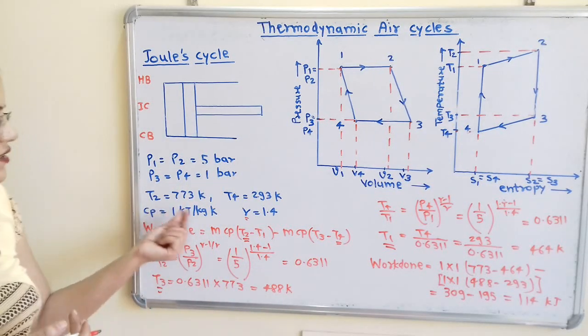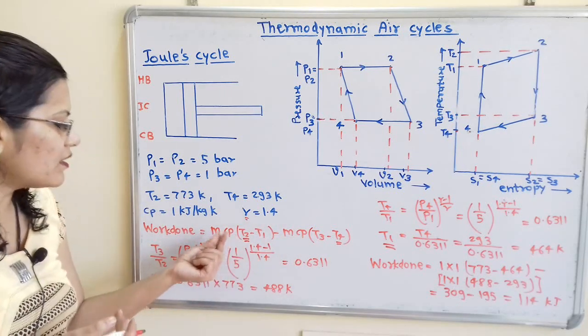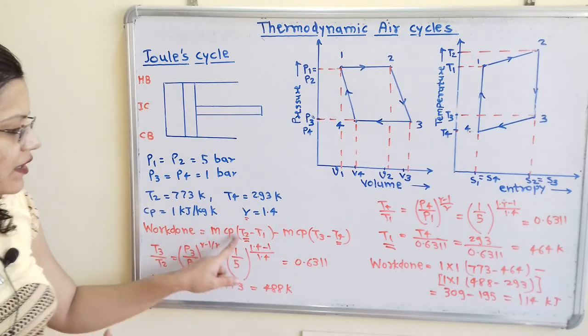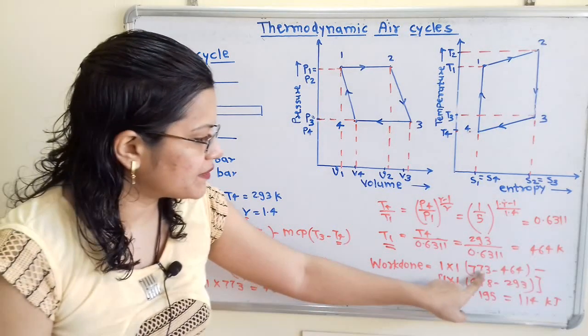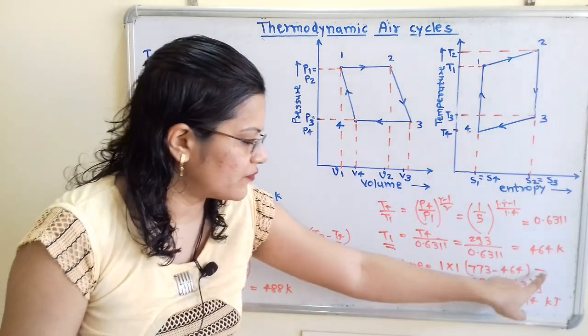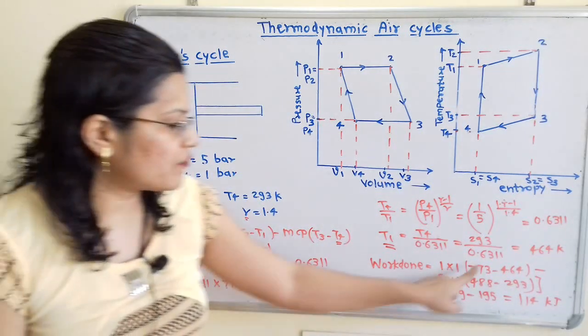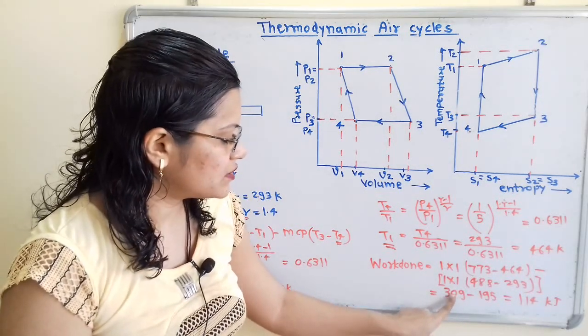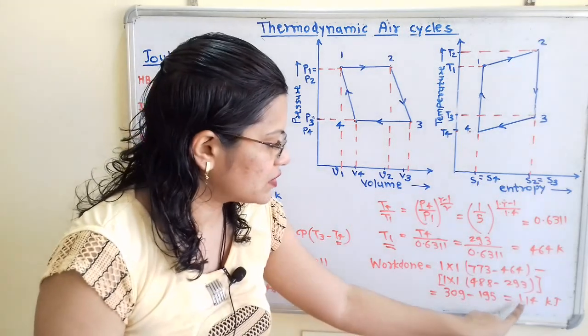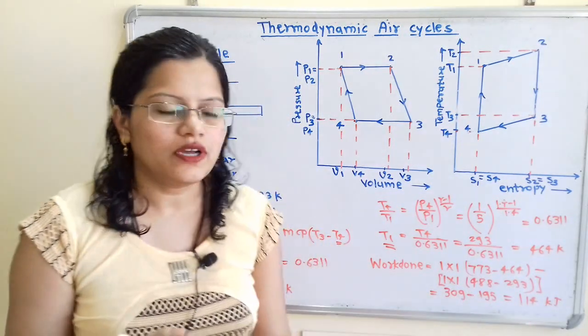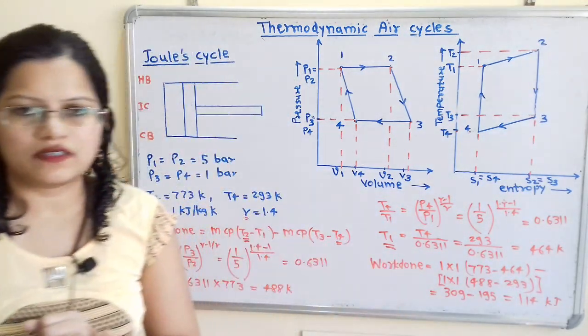So Cp is 1 and m is also 1, and we have (773 minus 464) minus (488 minus 293). When we calculate this, we get 309 minus 195, which is equal to 114 kilojoule. So this is the value of work done.